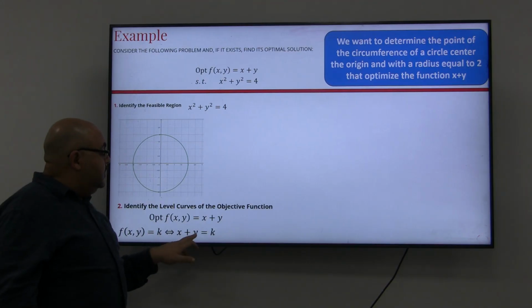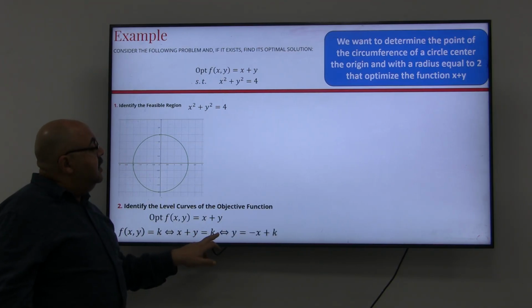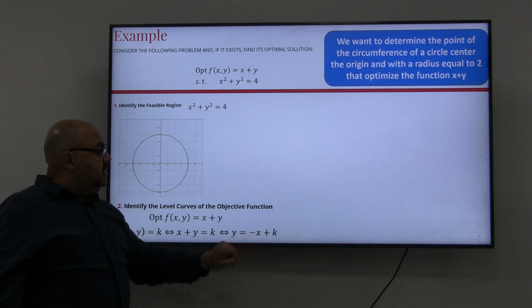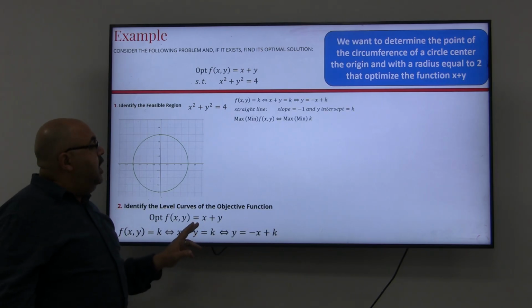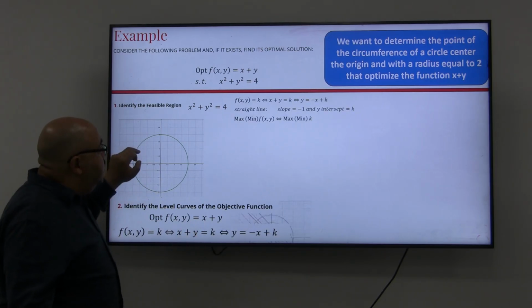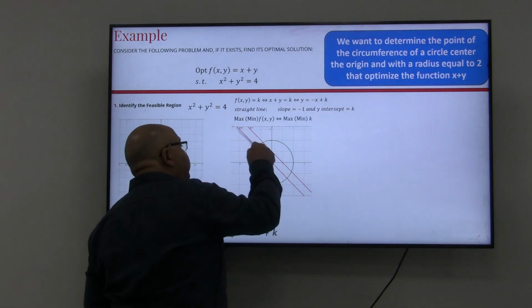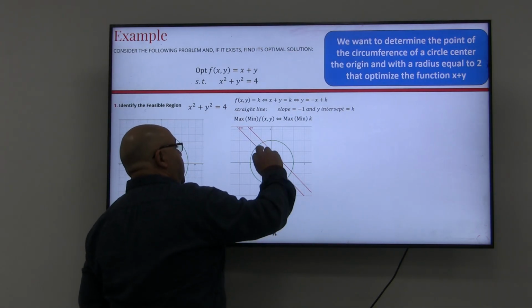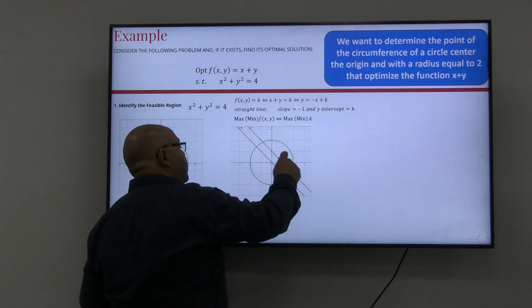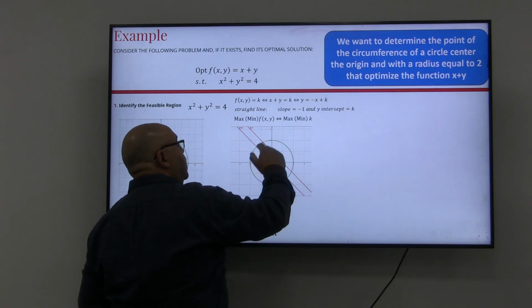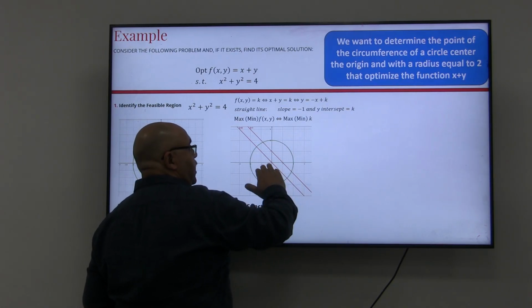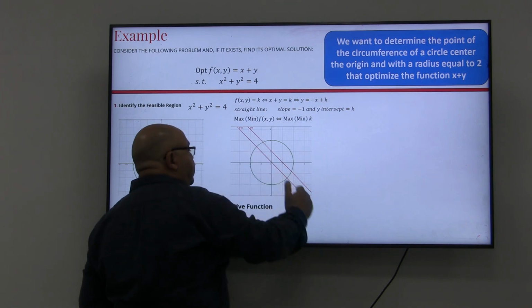Okay, so y is going to equal k minus x. To start, if k is equal to 0, it's going to be y equal to negative x, which is simply this line at k equal to 0. If k is equal to 1, the line will be upper or to the right side of your line.